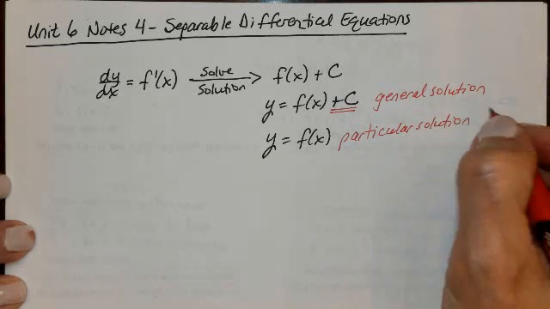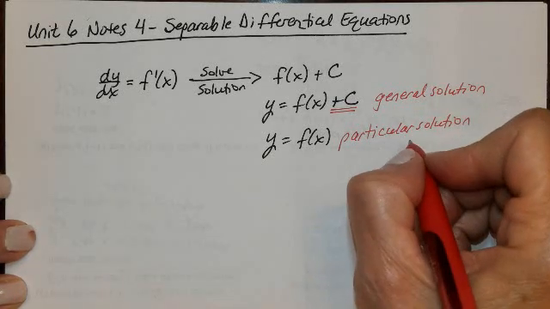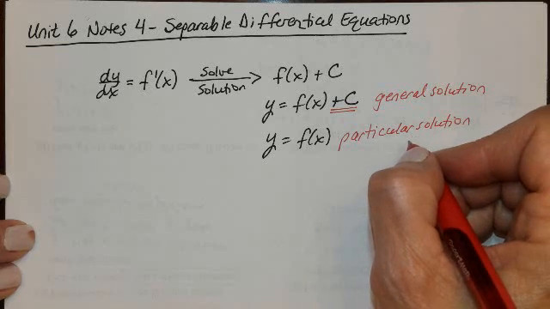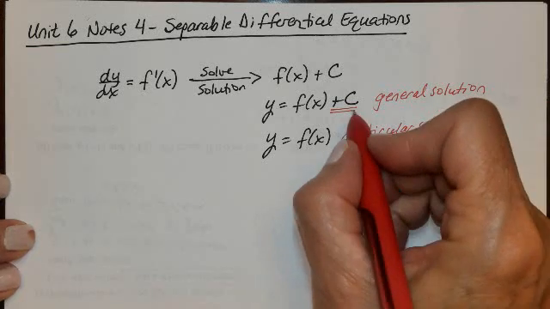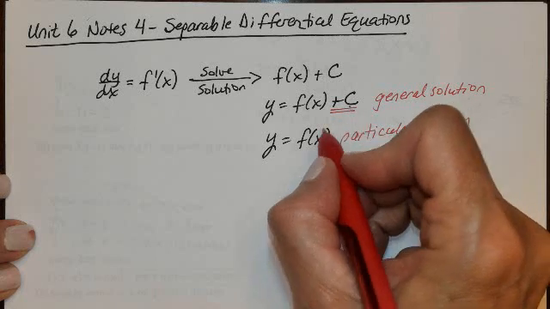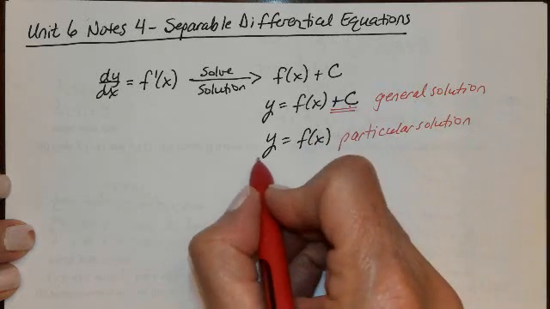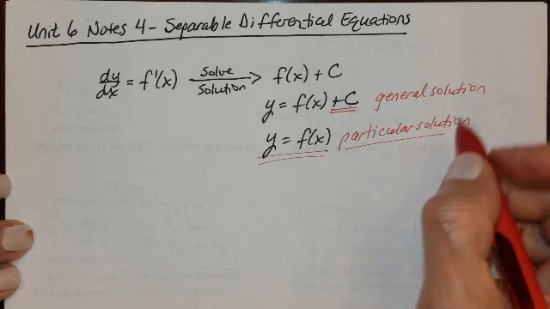It's no longer general, now it's particular. So you'll see directions that say find the particular solution. And what that means is you're going to have to use the additional information to find that c value. And then this will be your particular solution.